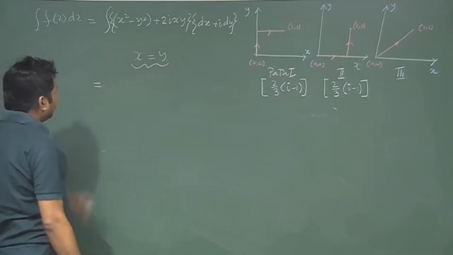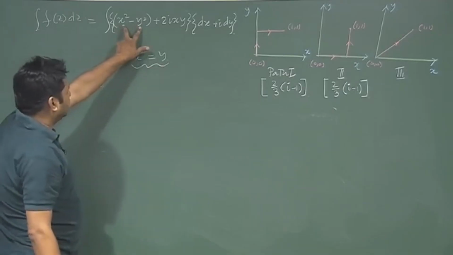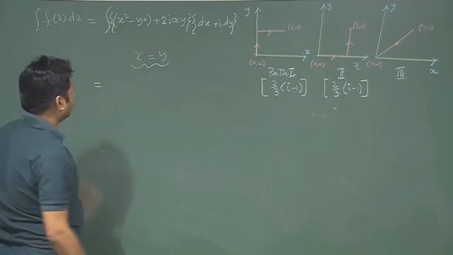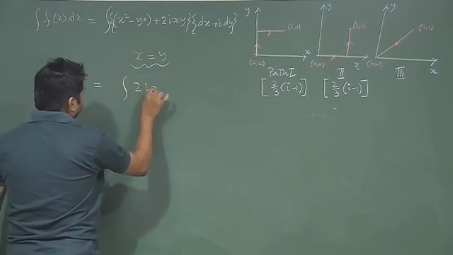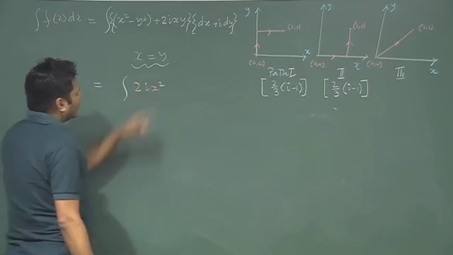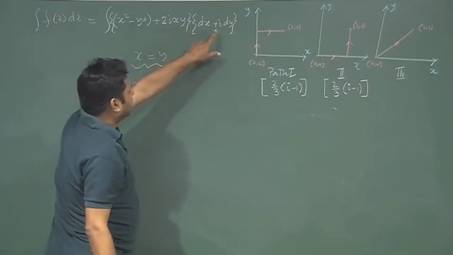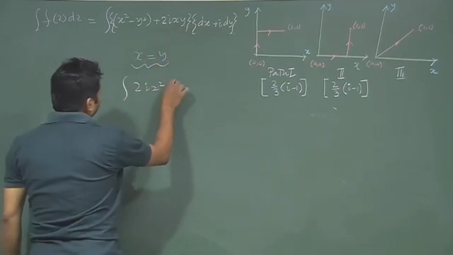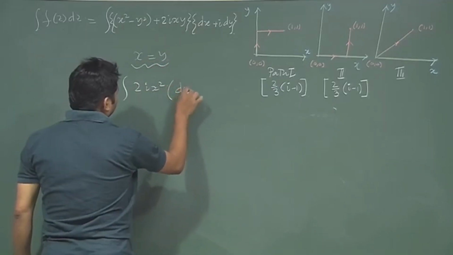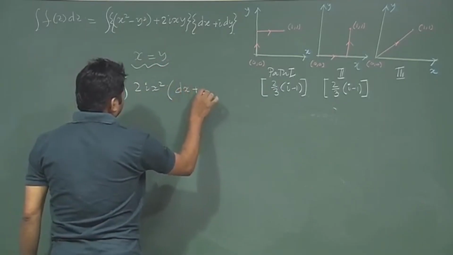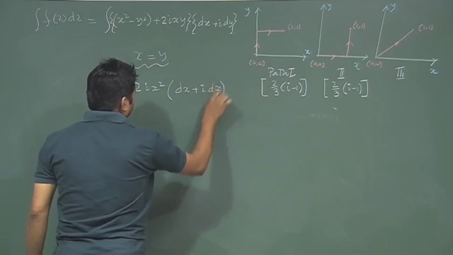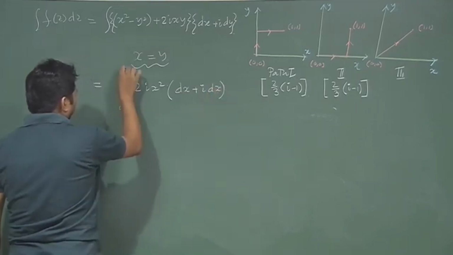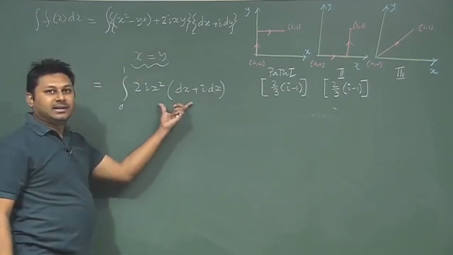When I replace that, the first term will vanish because x is equal to y. So, the integration is simplified as 2i x square, because y is now x, dx plus i dx, with x changing from 0 to 1.